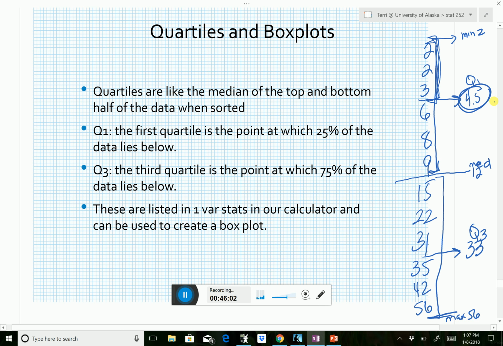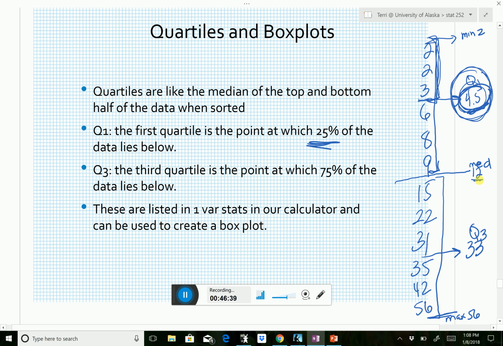But there's a couple of different ways to come up with quartiles. 25% of my data is also less than 4, also less than 5, also less than 6. There are a lot of different ways that people handle quantiles, and every program does it a little differently. Your calculator actually does this slightly differently than the way I've done it here. It's still valid. It still meets this criteria, and that's the important part. So 25% of the data lies below 4.5.